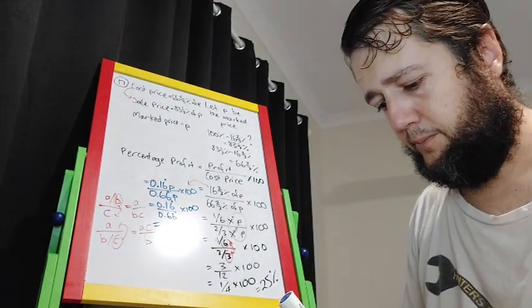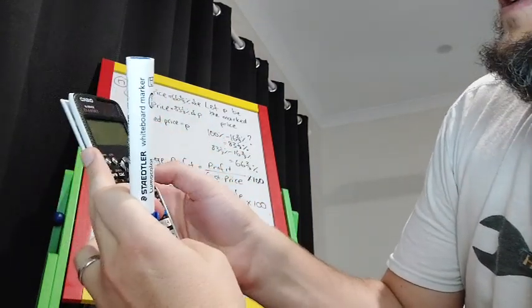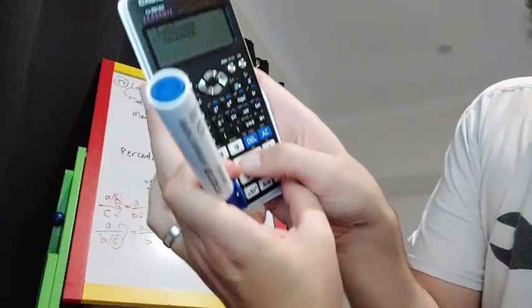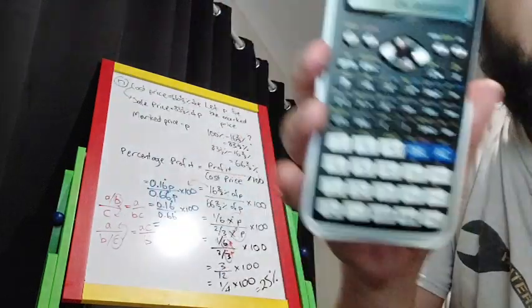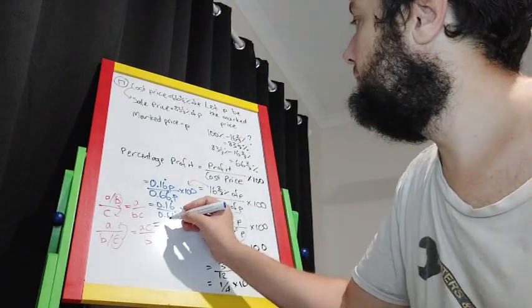You'd have to put in the recurring bit or it's going to stuff it. 0.6666666 there times 100. And look, when you round it, you'll still get 25%. All right?